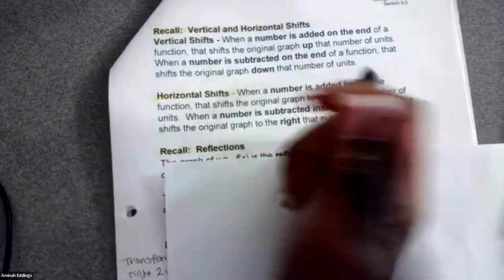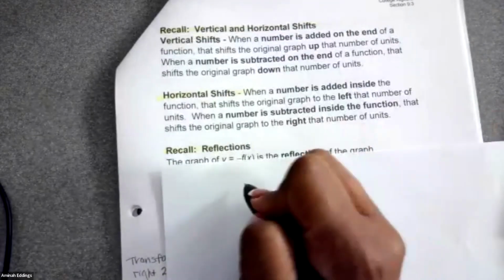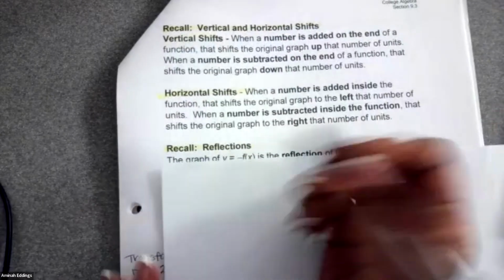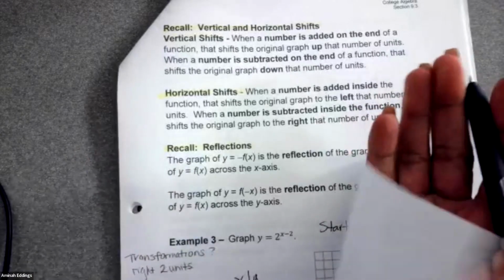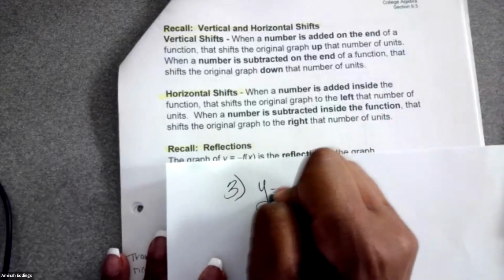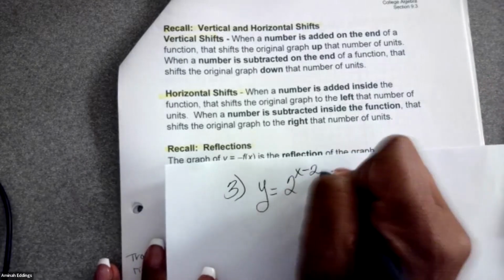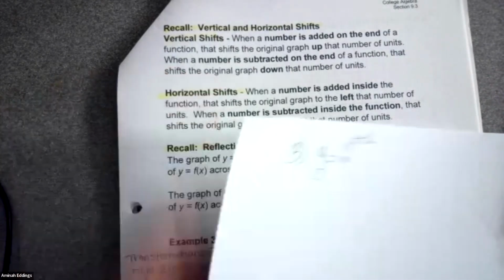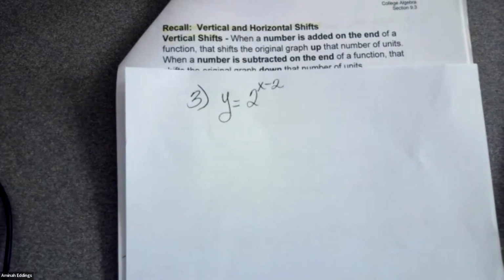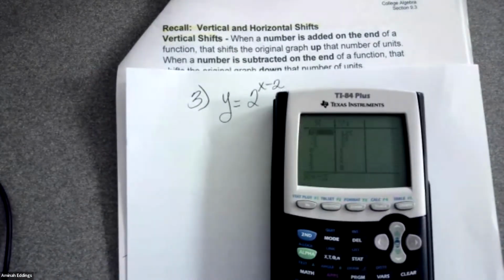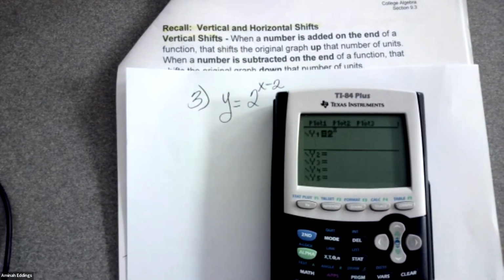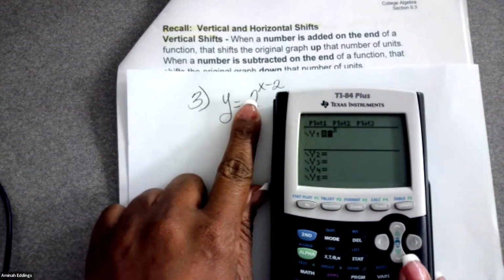So if I was to give you the function, this is example 3. Let's graph y is equal to 2 to the x minus 2 power, okay? So we could go to our calculator and type that function in.